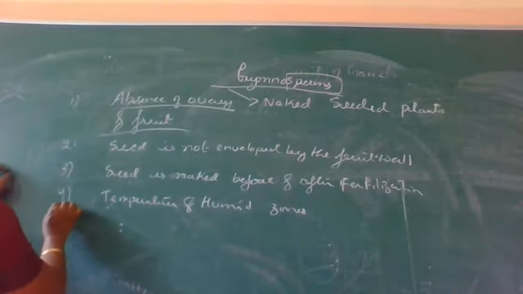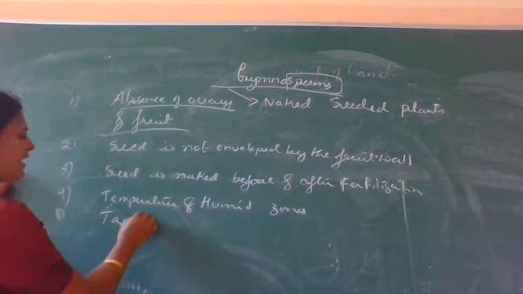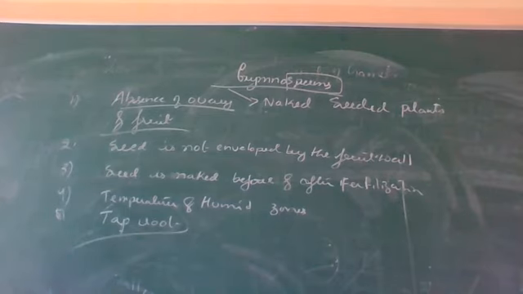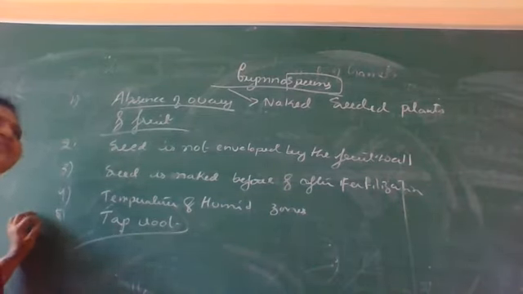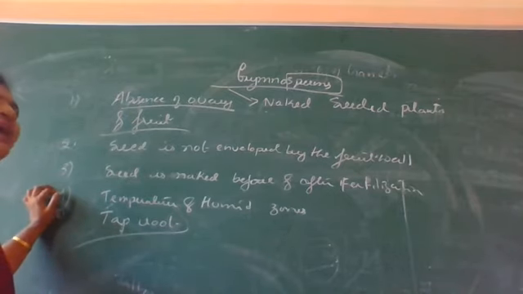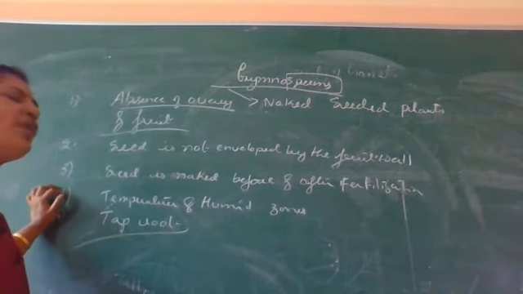And generally, these plants have a taproot. These gymnosperms have what root? Taproot. Taproot means the main primary root or mother root develops from the radicle, then that produces secondary, tertiary or daughter roots, and that is called taproot.